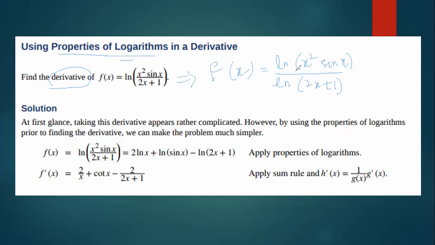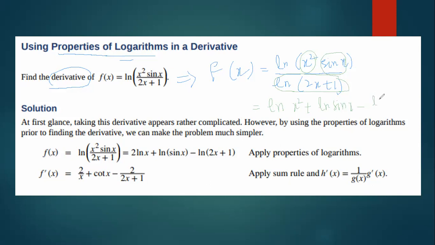So first, there's a multiplication of two variables. You have to remember that when there is a multiplication in logarithm, it will be written as a sum. So it will be log x square plus log sine x. Then the next one is in the denominator, which divides this. When there's a division in logarithm, it will be written as a negative after applying the property.